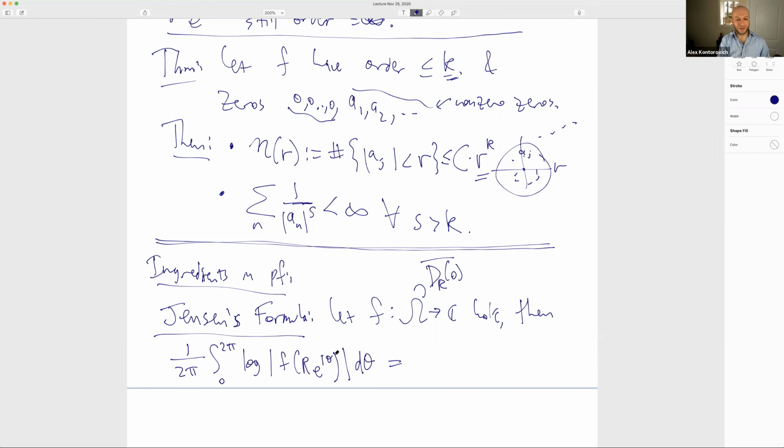We saw that if you have a harmonic function, then its integral average will recover the central value. So the central value would be log of f of 0. But this function has zeros a1 through a capital N in the disk, and is holomorphic. In the disk and not on the boundary of the disk. So there's no problem integrating this on the boundary. On the boundary, it doesn't vanish. This is absolute value, so this is the real logarithm function.